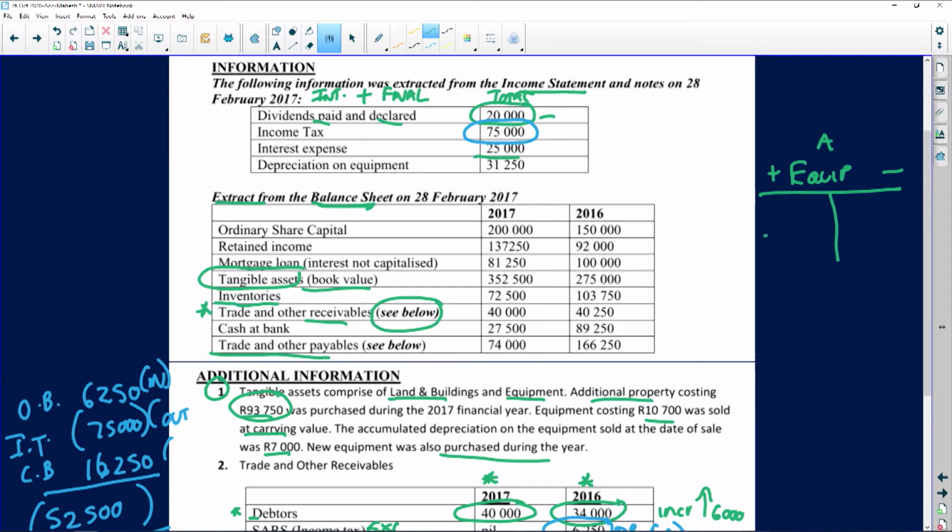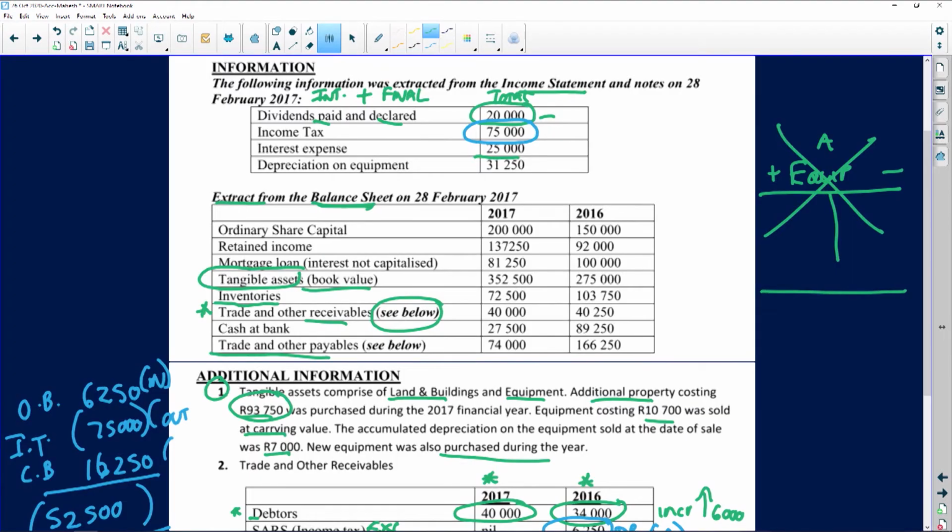So clearly, this T account is not going to work. So as I said earlier on, you can either draw up the note tangible assets, or you can draw up the tangible asset note in a T account format. So that's exactly what I'm doing, right? So tangible asset, carrying value in a ledger account format.